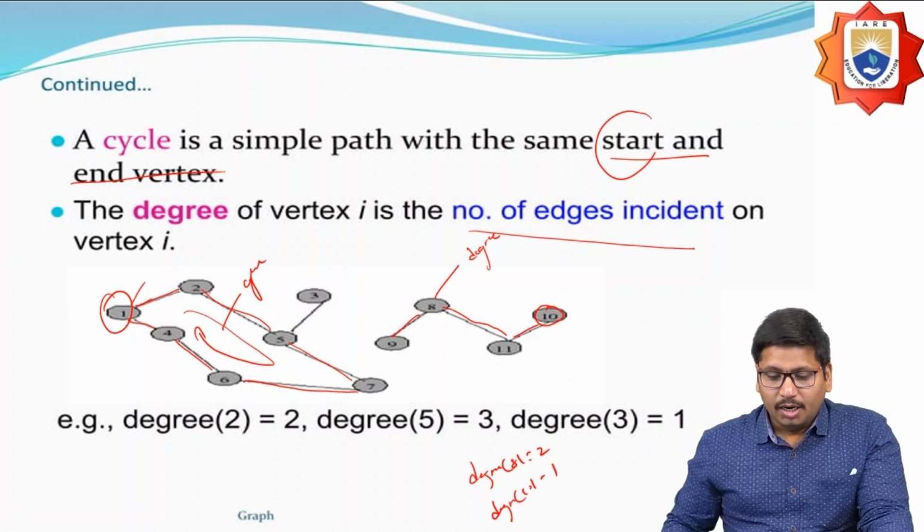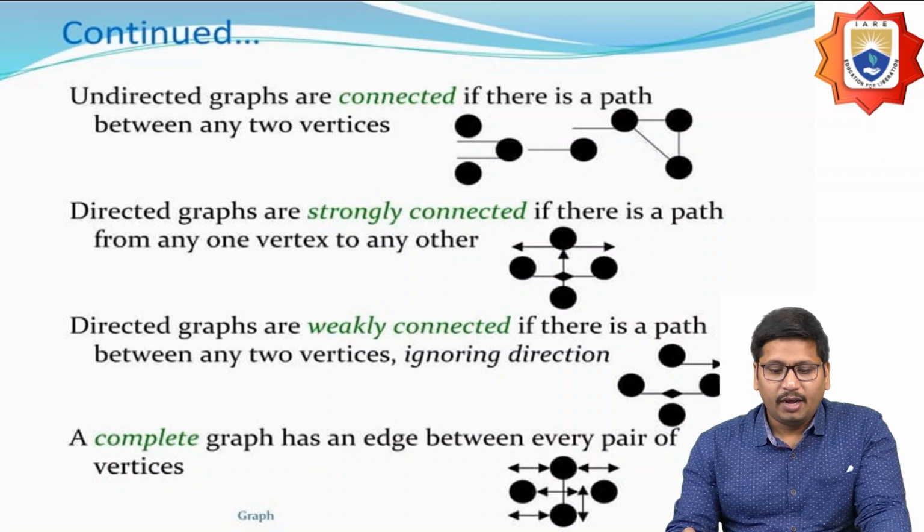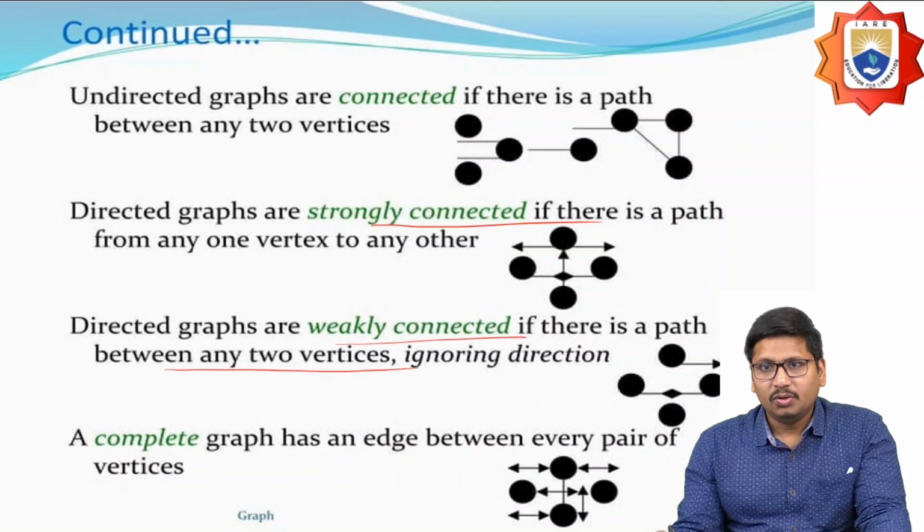When it comes to directed graphs, it is something different. Undirected graphs are said to be connected if there is a path between two vertices. Directed graphs are strongly connected if there is a path from one vertex to another, and directed graphs are weakly connected if there is a path between the two vertices ignoring the direction.